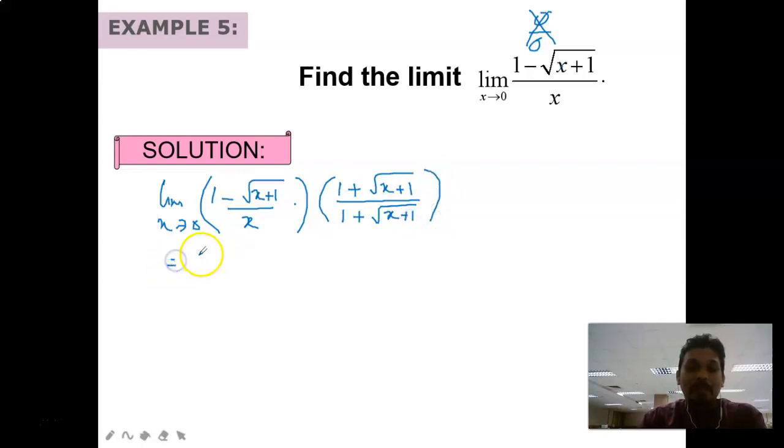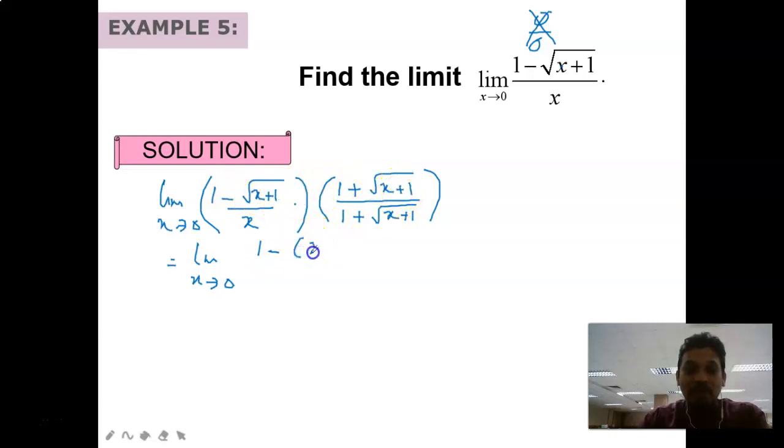Okay, now let's expand this one by one. 1 times 1 equals 1. 1 times this, and then negative square root of x plus 1 multiplied with 1, negative. So negative times positive is negative square root of x plus 1, multiplied with square root of x plus 1.